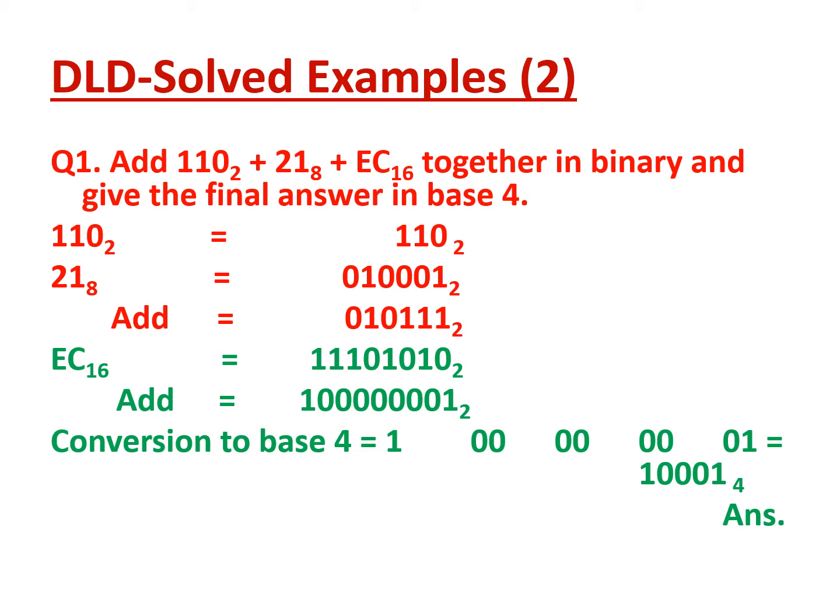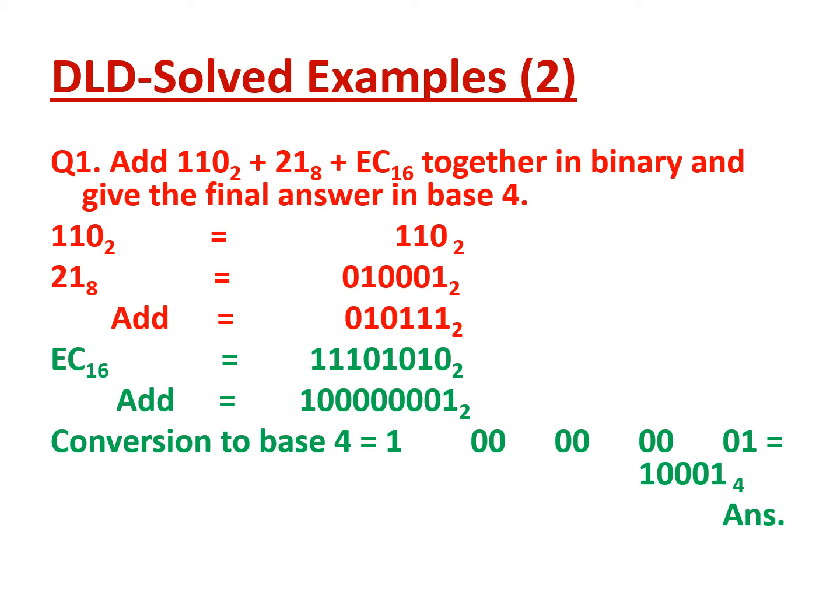So 10, then 00, then 00, then 00, and then obviously it is 1. On the left-hand side you can put a 0, but it doesn't make any difference, because this is the most significant bit in this particular case.